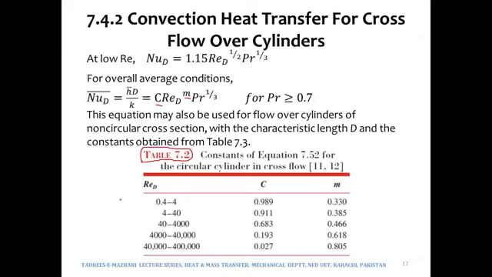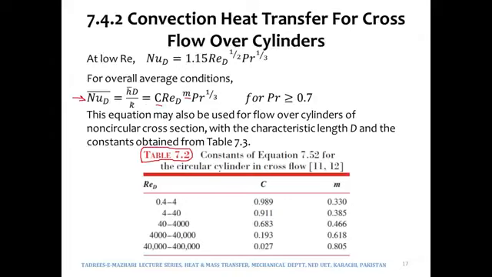So we would be calculating the Reynolds number, and accordingly we will select the value of C and M, and we would be able to get the value of Nusselt number from this expression, and then of course we would be equating it to HD over K to get the value of H, heat transfer coefficient.